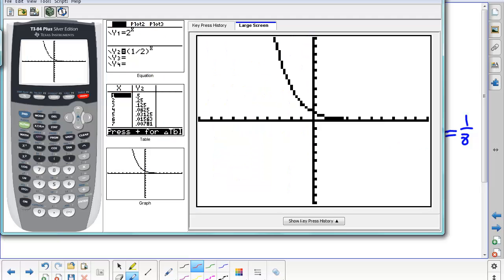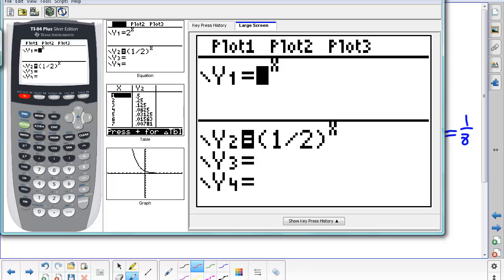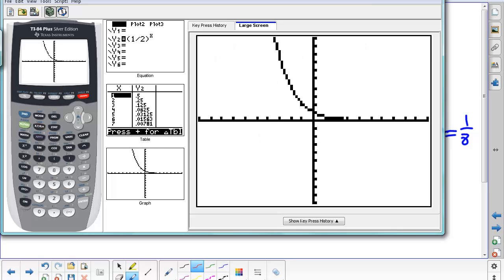Now, if you continue to change that, the key here is 1/2 is between 0 and 1. So if we did like 0.1 to the x, something that's smaller and closer to 0, what's that graph look like? Notice it's very, very steep right there, and then comes down and gets closer to the x-axis again.